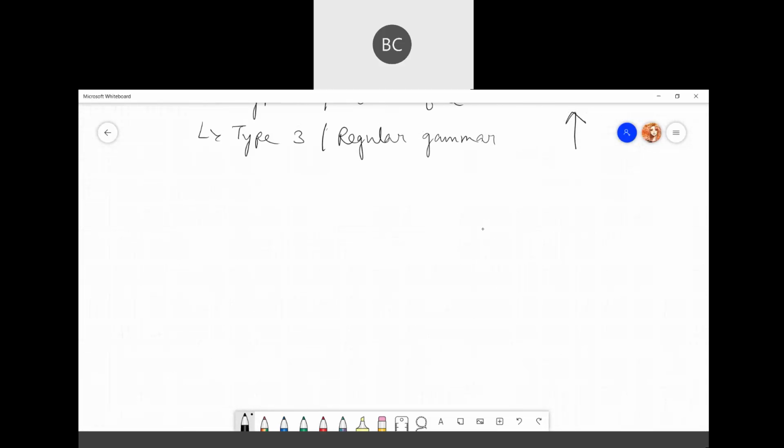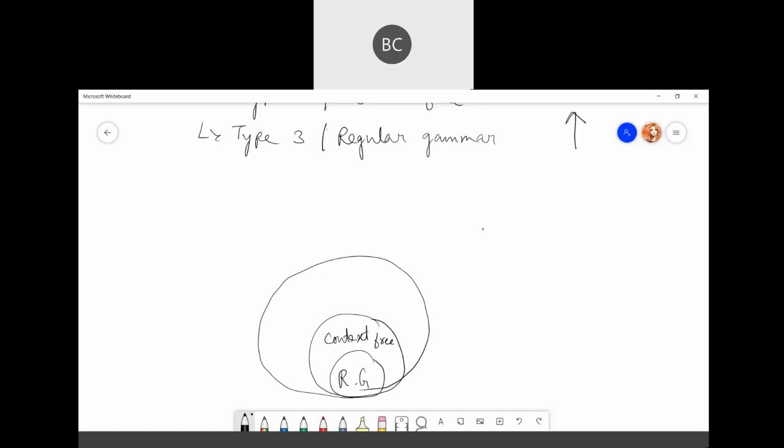Regular grammar, type 3, is a subset of context free grammar. This is very important, just remember, they ask all the time. That means all regular grammars are context free grammars. Then again, context free grammar is a subset of context sensitive.